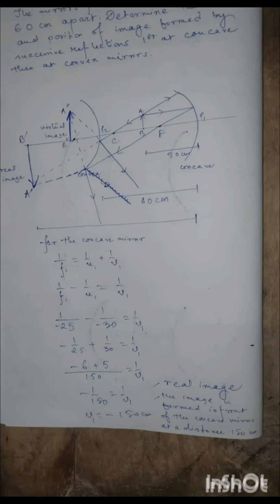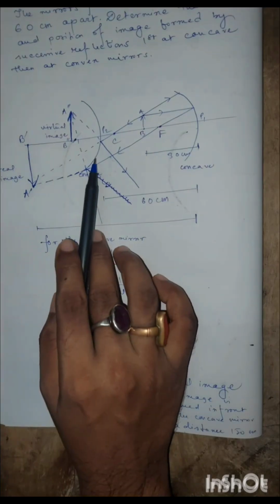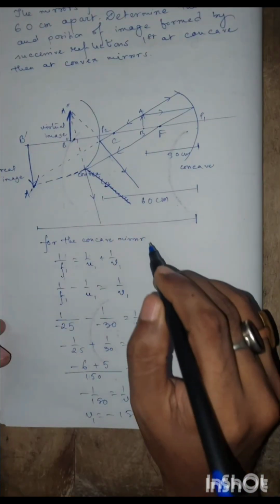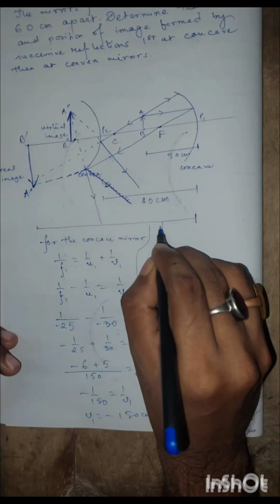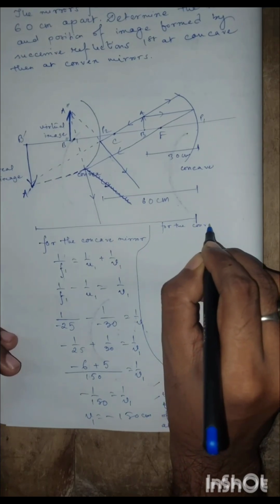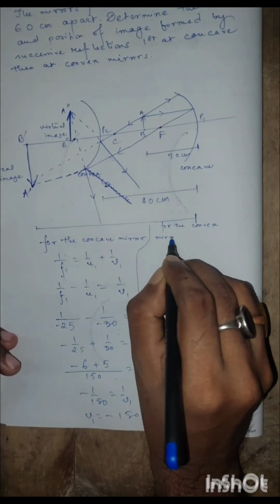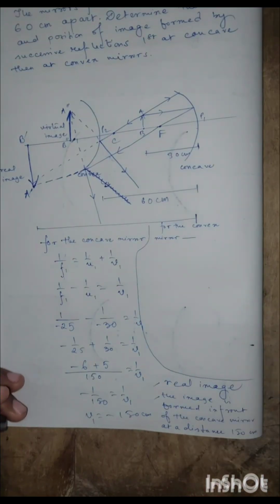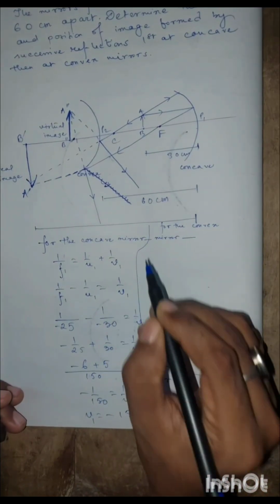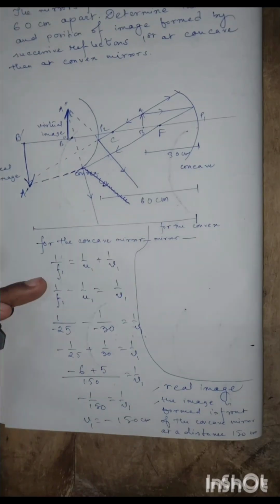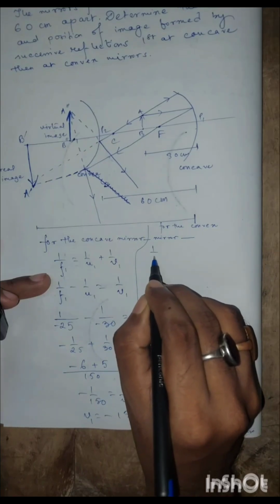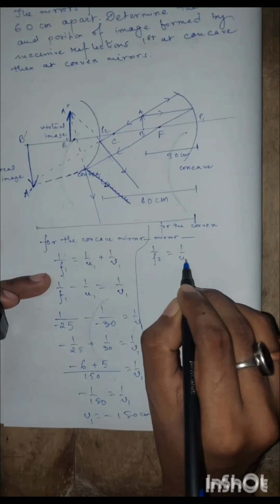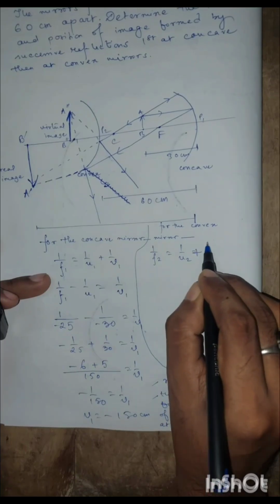Now we shall talk about the image formed by the convex mirror. For the convex mirror, if we apply the mirror formula, 1 by f2 is equal to 1 by u2 plus 1 by v2.